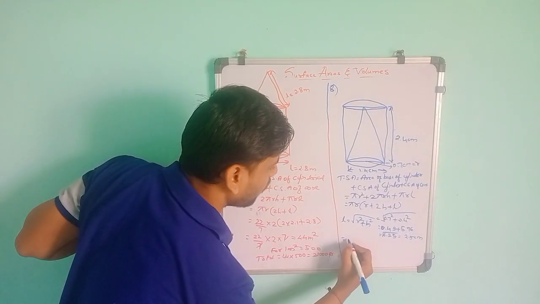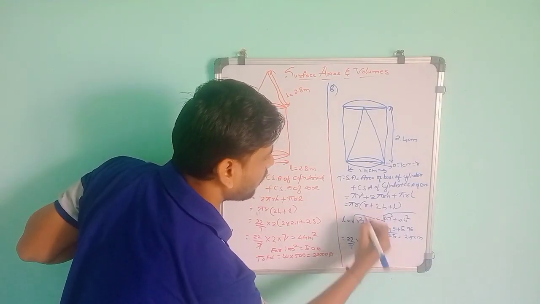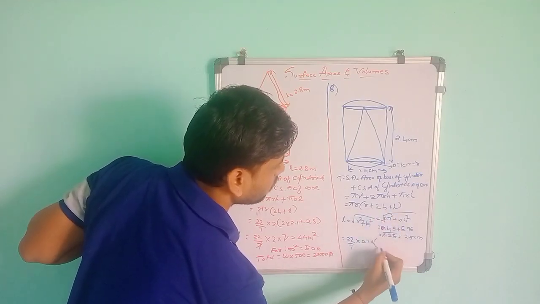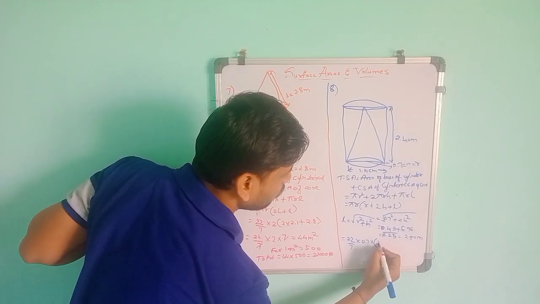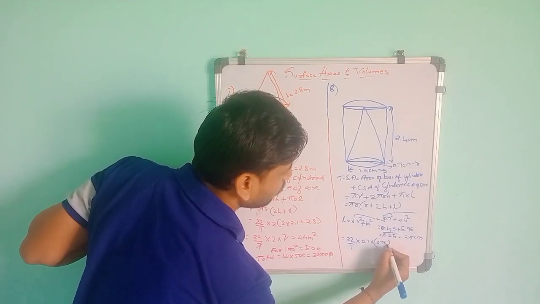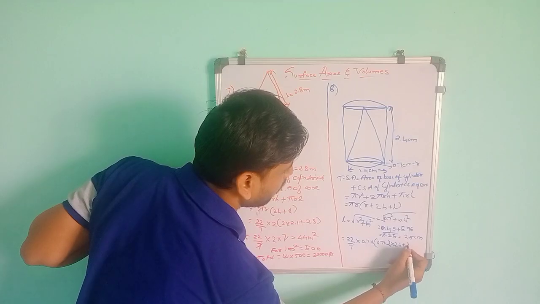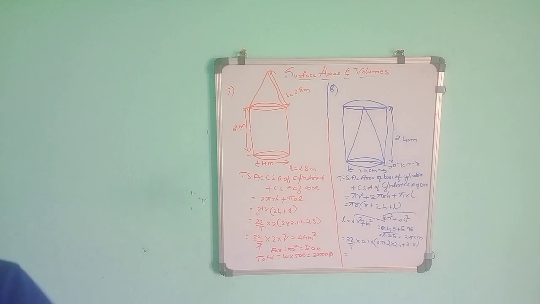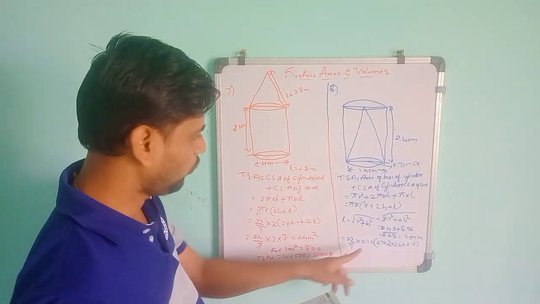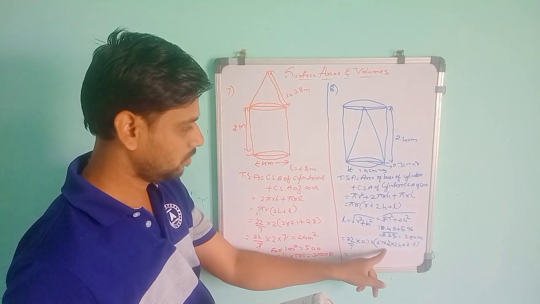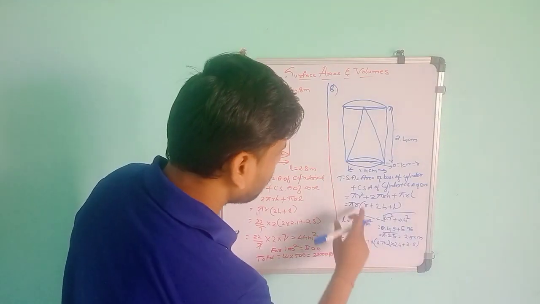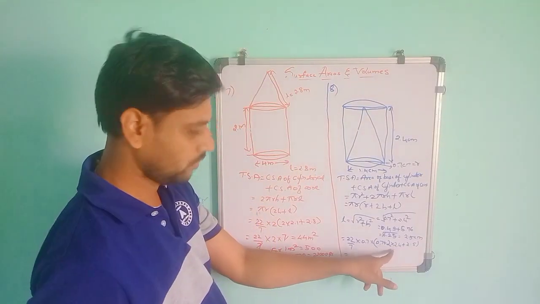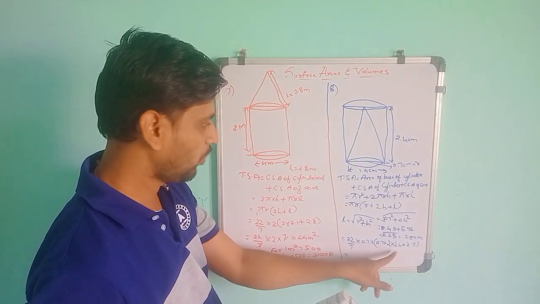In the formula you have to put the values: 22 by 7 into r, where r is 0.7, into r plus 2 into h, that is 22 by 7 into 0.7 into (0.7 plus 2 into 2.4 plus 2.5).